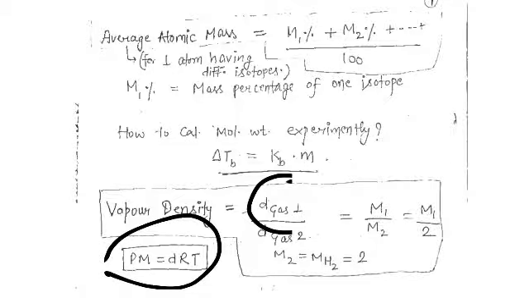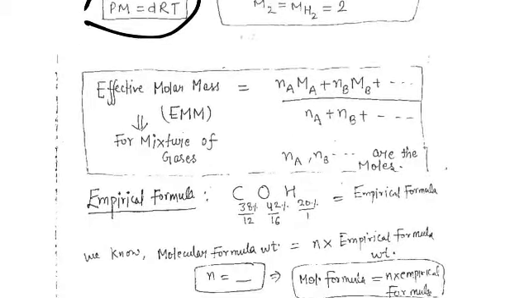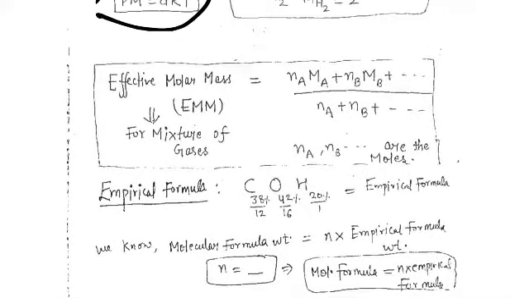Alright, now moving to the third thing, that is the effective molar weight, or say effective molecular mass. We will have a need of this when we have a mixture of gases. Yes guys, when we have a mixture of gases, like in a container there are N2, O2, Cl2 and all kinds of gases, and you have to find out the molecular weight of the whole mixture, then you use this formula and we call it the effective molecular weight.